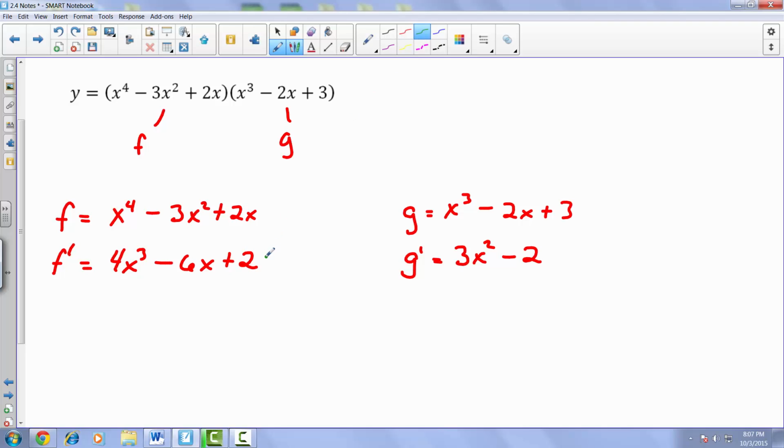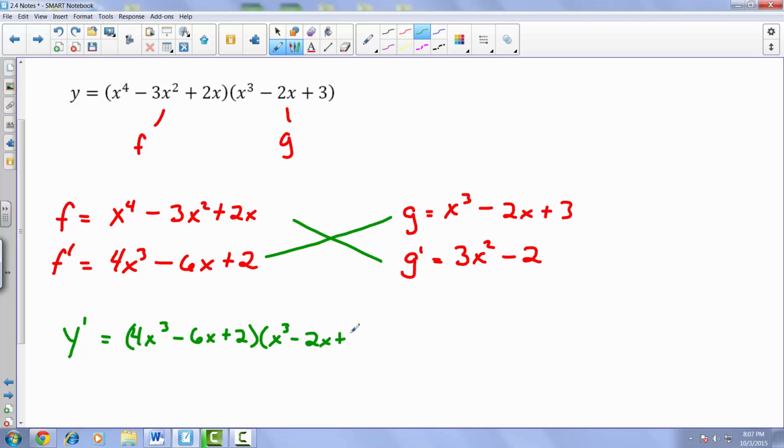Going ahead and doing our product rule, it looks like our derivative, y prime, comes out to be 4x cubed minus 6x plus 2 times x cubed minus 2x plus 3, plus our f g prime. So x to the fourth minus 3x squared plus 2x times 3x squared minus 2.